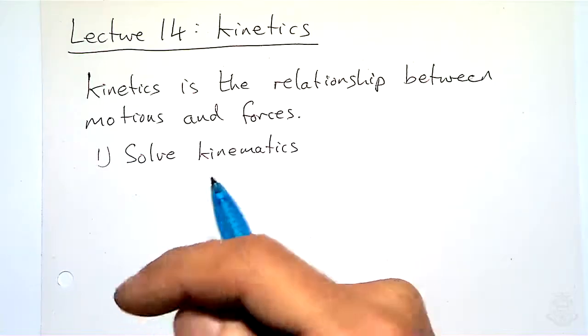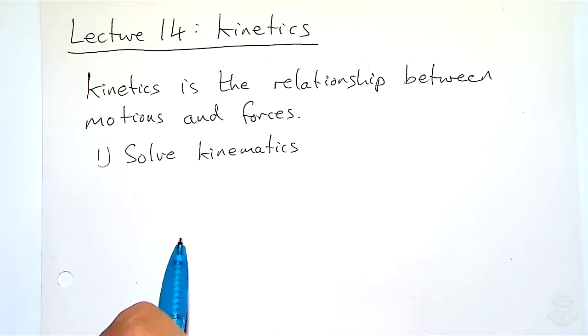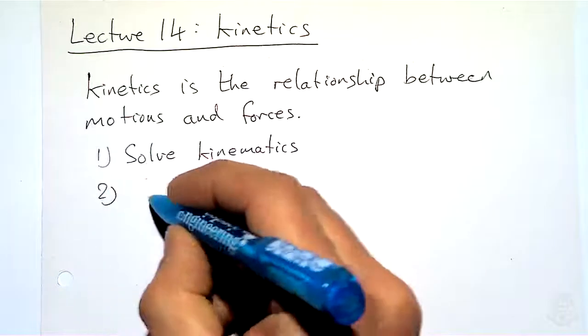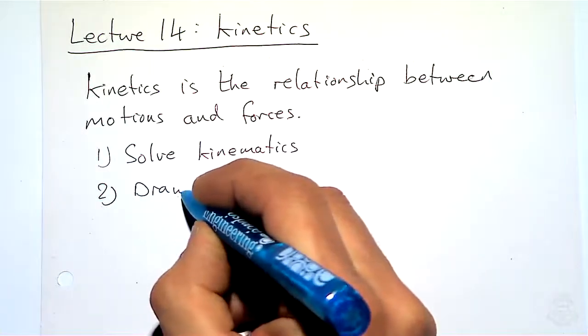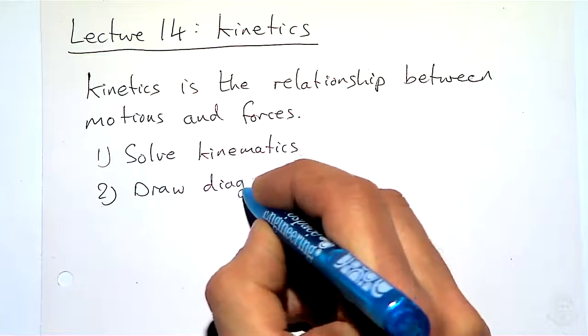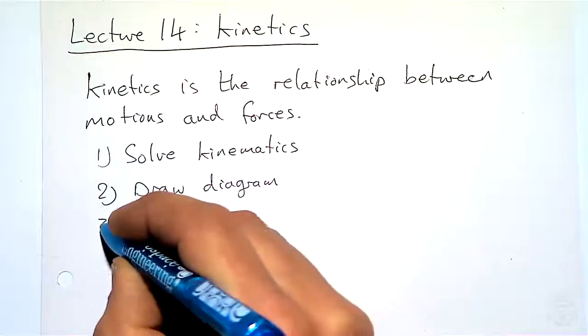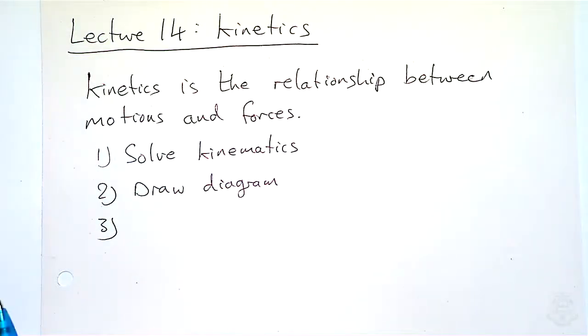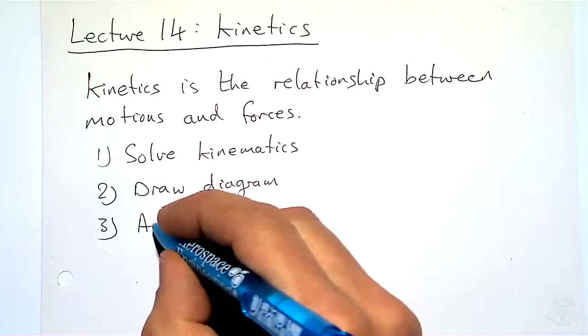That's the relationship between the motions. Then normally we'd draw some type of diagram. So that's all pretty standard, isn't it, to solve a problem. And then finally we would apply the governing equations to solve the kinetics.